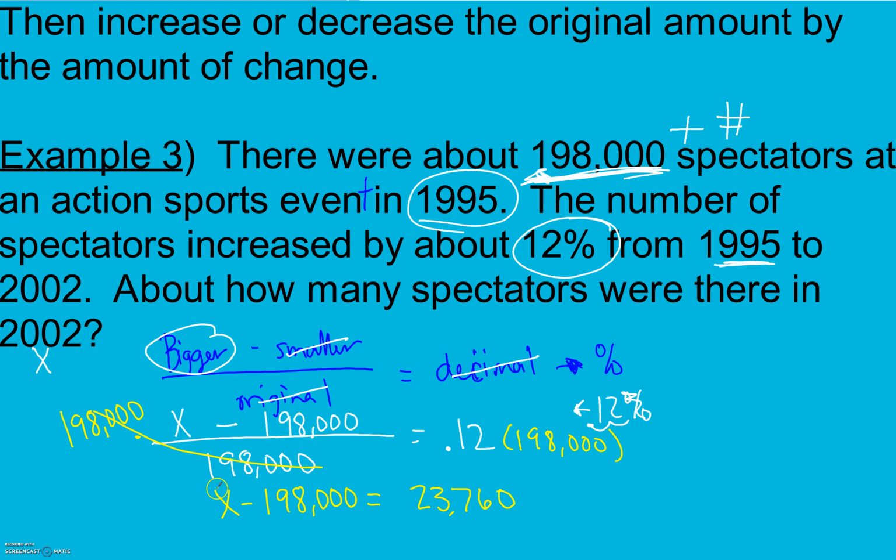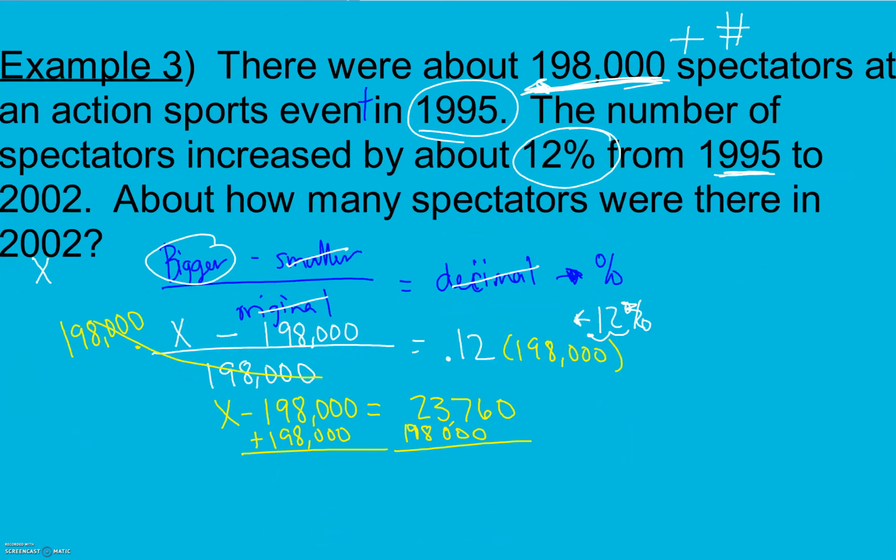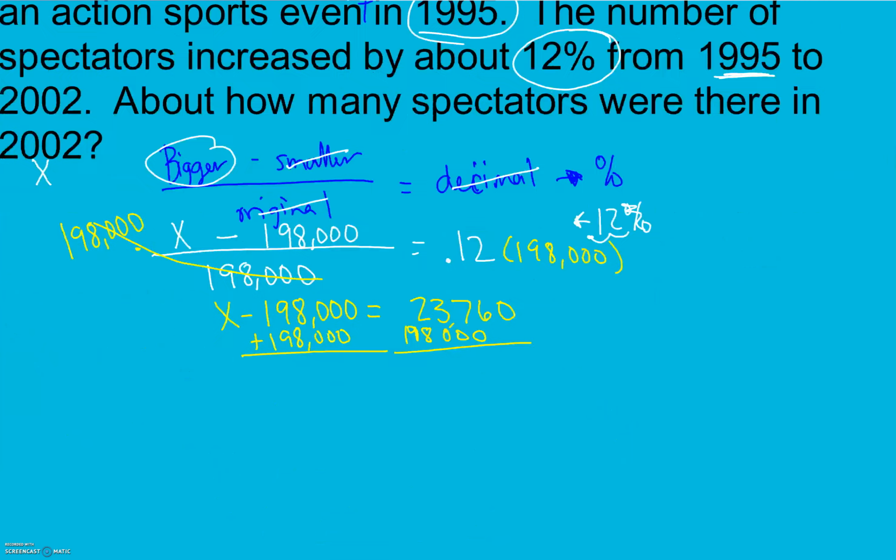Now, to get x by itself, I have to add 198,000 to get that to be 0 on that side. X equals 221,760 spectators.